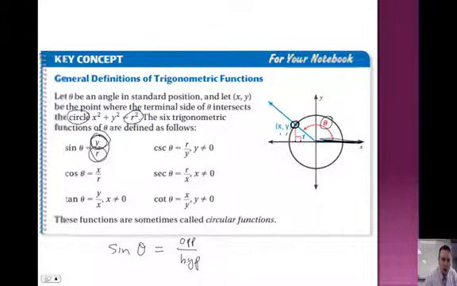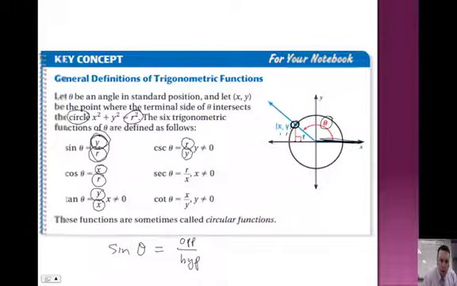Cosine is usually adjacent over hypotenuse. That's still the same. Okay? X, the x part, is this guy right here. That's how far x is. Adjacent over hypotenuse. Just memorize x's and y's and r's this time. Tangent, y over x.